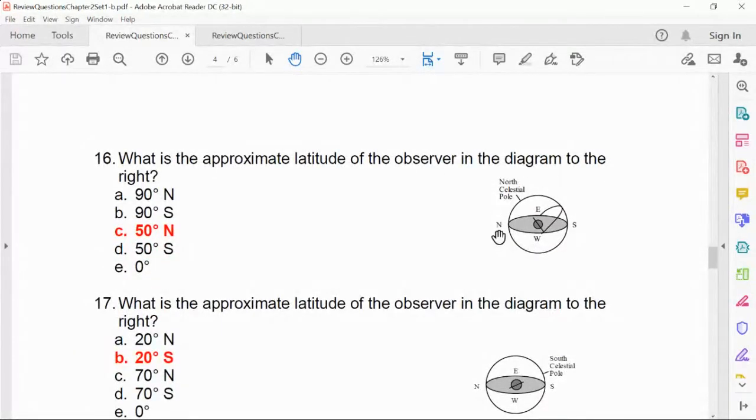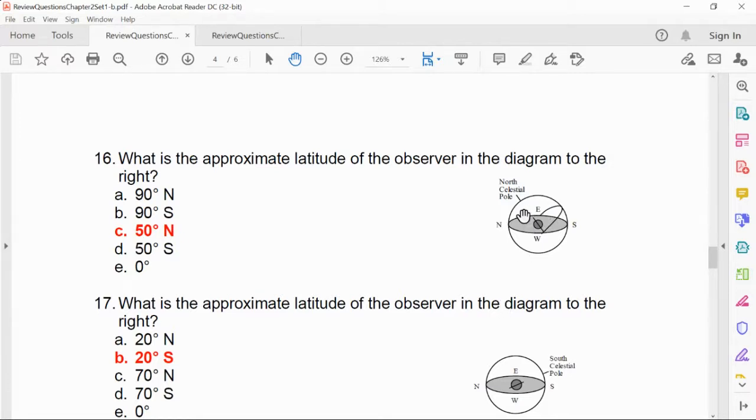Now here we are using a diagram, and in this diagram, this is the north on your horizon, south, west, and east. And then they give you here the North Celestial Pole. What you see as the circle here is basically the celestial equator, which cuts this in half.